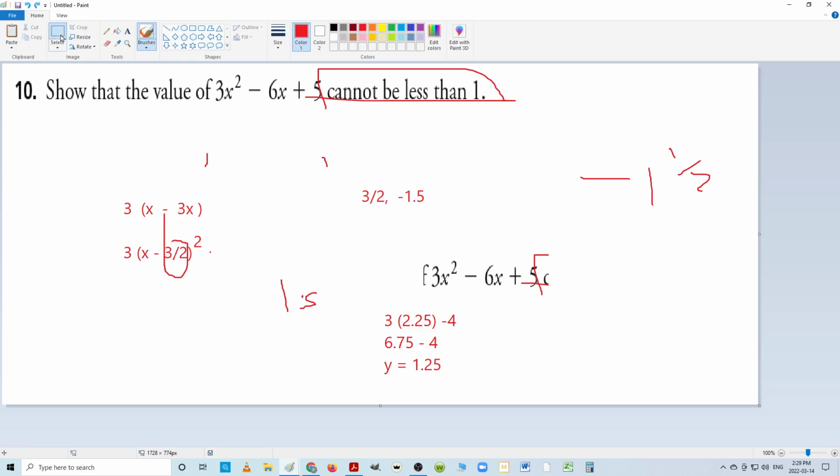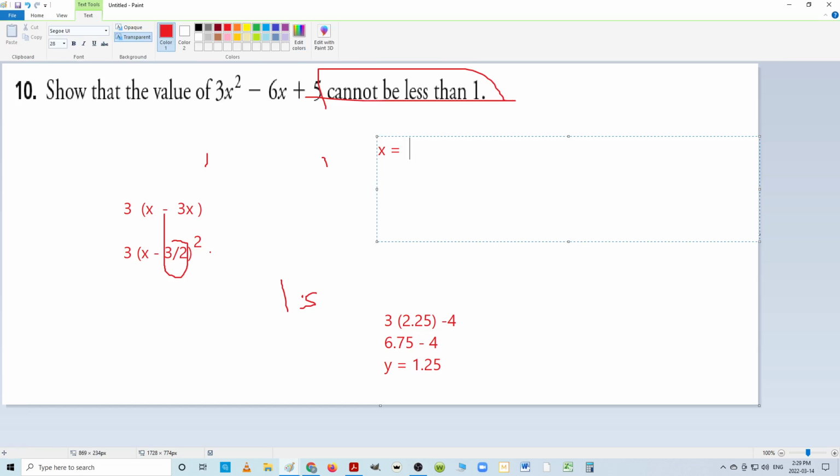And I'm going to let you in on one other hint. If you have it in standard form and you want to figure out the x value, you take b, in this case b is minus 6, and divide it by 2a, which is that. Oh, that's what I got wrong right there. That's why I got it wrong.